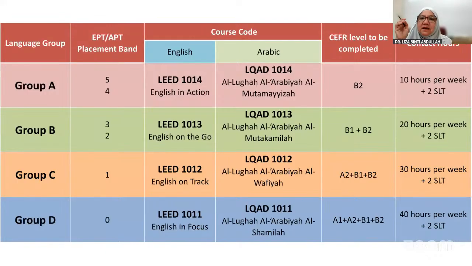Meaning you can take more because you only have 4.2 credit hours from this English for group A. Unless you do English here and then Arabic here, then you have 10 hours here, which means you already have 20 hours. If we make it equivalent to credit values, you have 4.2 times 2. So it's not enough yet, so you still can take kuliah courses.